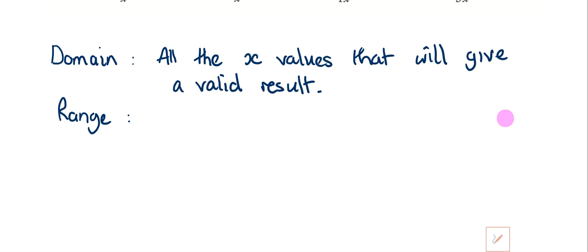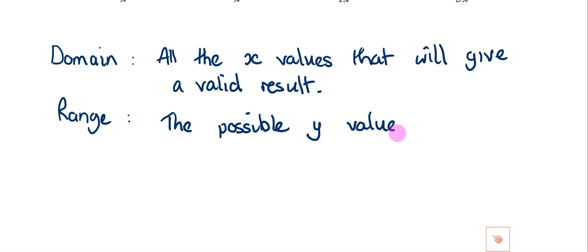Well, that is range within statistics. Minimum to maximum is the range. But if domain is all the x values that will give a valid result, then range is all the y's, yeah? The possible y values.